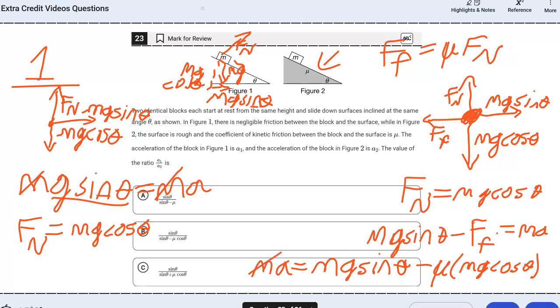Okay, so cross out all the m's. A for figure 2 is g sine theta minus mu g cosine theta.